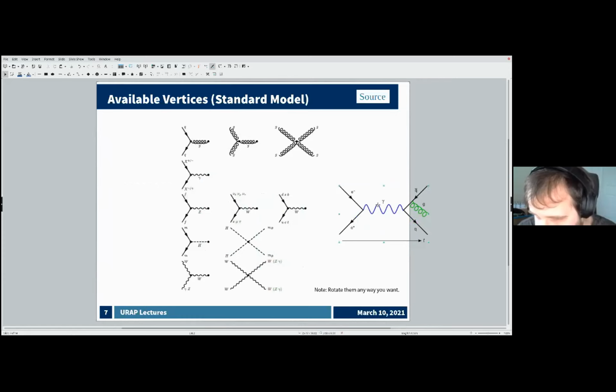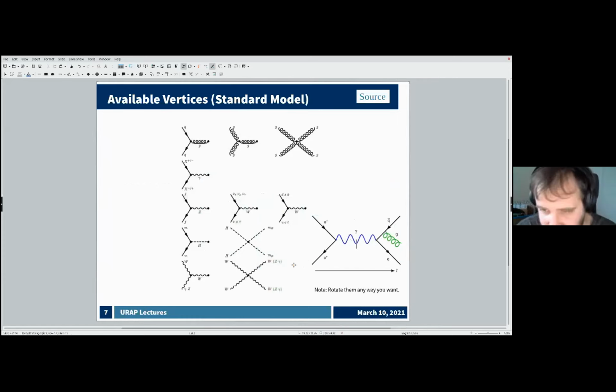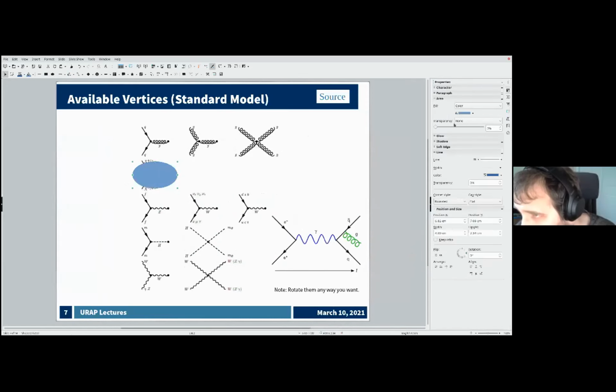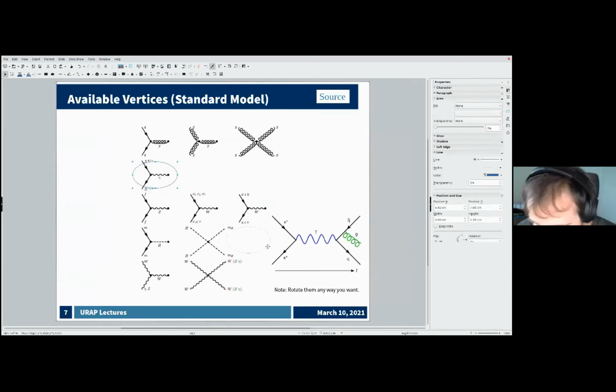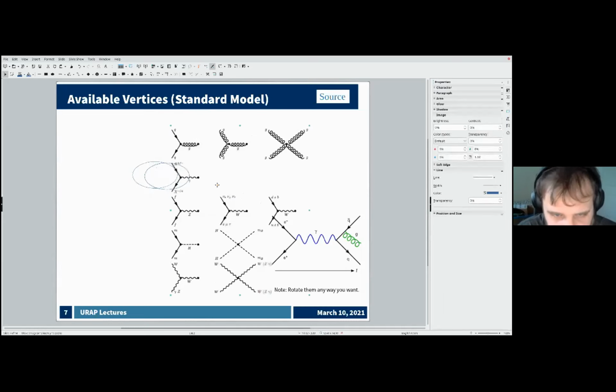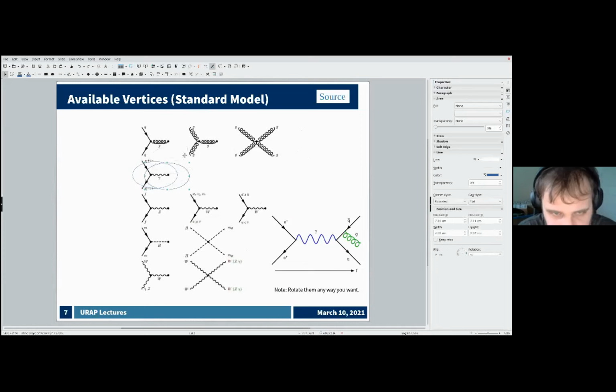Right, this diagram is a combination of this vertex with this vertex repeated again, but with gluons, with quarks instead of electrons, and also the radiation comes from this vertex, right?